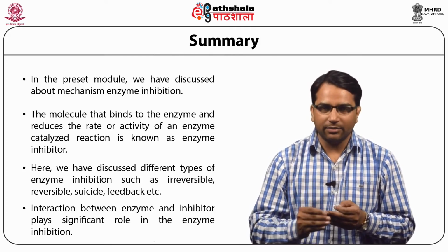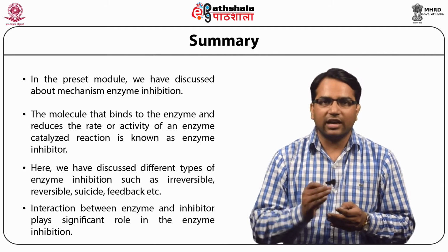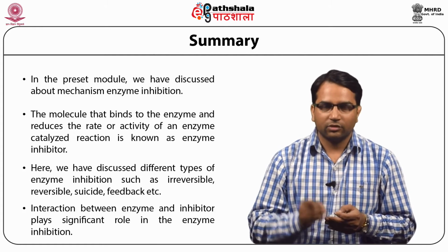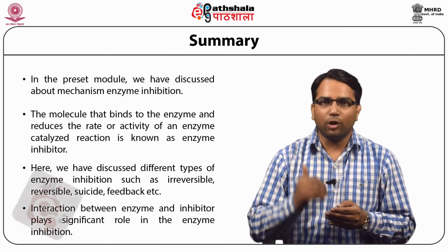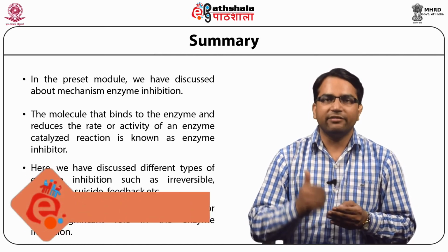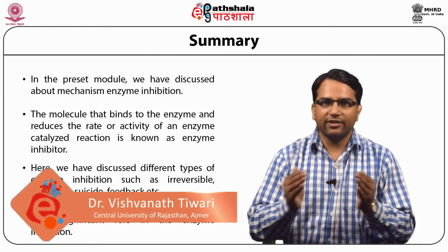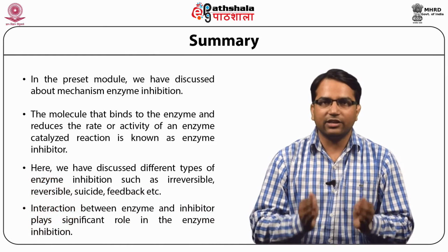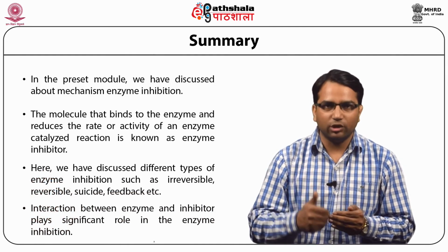In feedback inhibition, the product itself inhibits conversion of substrate into product. So if excessive product is formed, it will block its own conversion, preventing the substrate from being utilized in other mechanisms. In this way, we have learned how enzyme inhibition plays a significant role in terms of drug designing and in studying metabolic pathways.